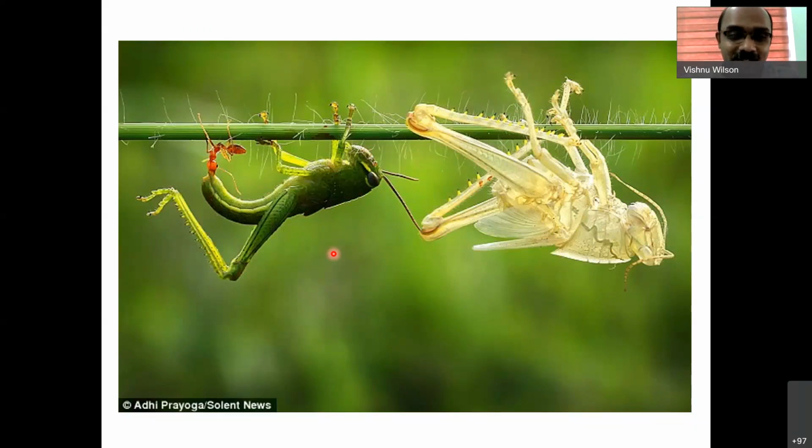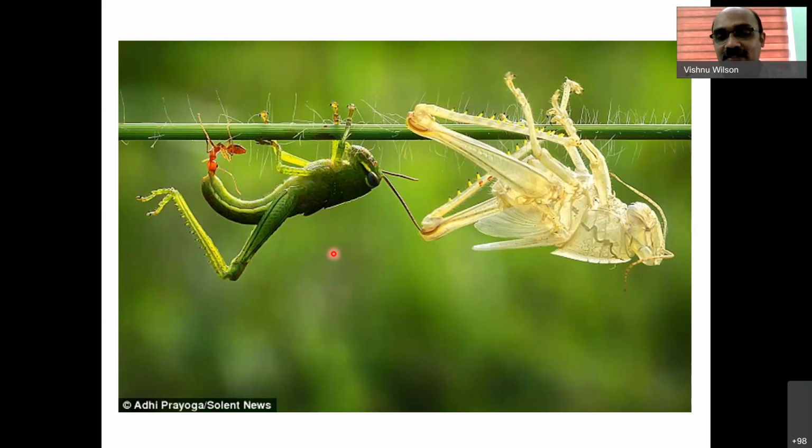Why is this ant there? Once the molting process is completed, the grasshopper will excrete. The excreta contains some sugary materials, and that kind of sugary material is a feed for ants. That's why the ant is not leaving the site of the molting process.